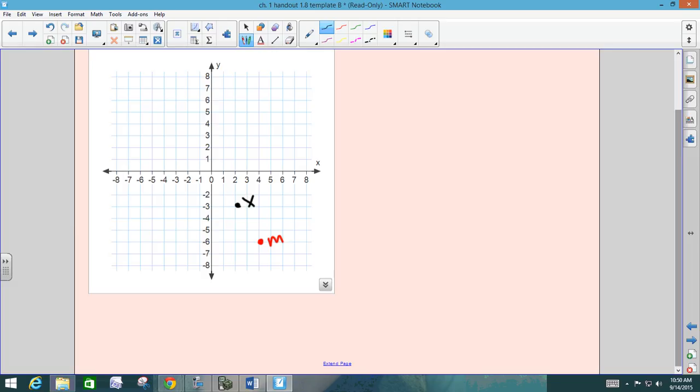Would it make sense for Y to be to the right of X? Like right here? Why wouldn't that make sense? Because it wouldn't make a line where M was on it, right? Okay, how are we going to figure out where to put Y? What were you just doing? Counting what?